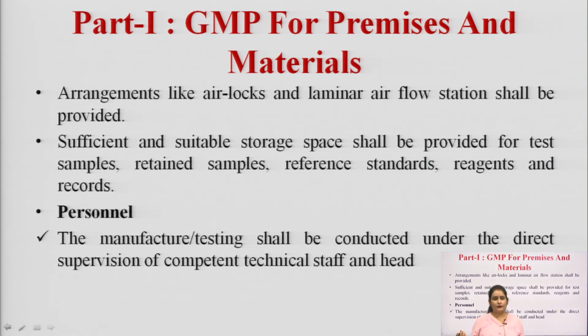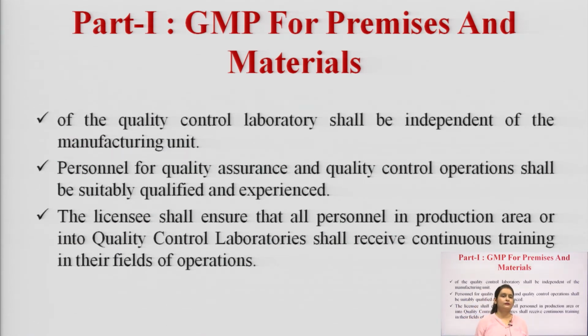Now we will discuss the personnel and the employees who are working there. The manufacturing or testing shall be conducted only under the direct supervision of competent technical staff, and heads of the quality control laboratory shall be independent of the manufacturing unit.